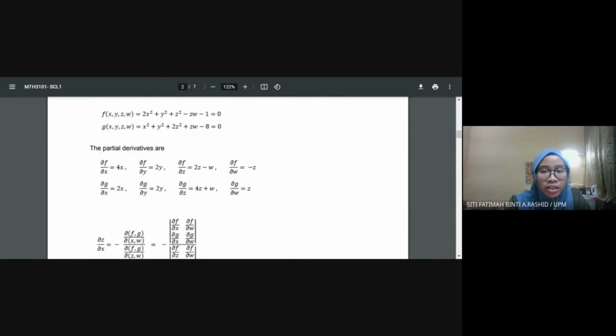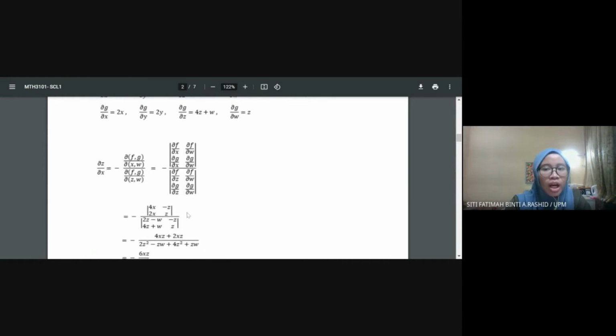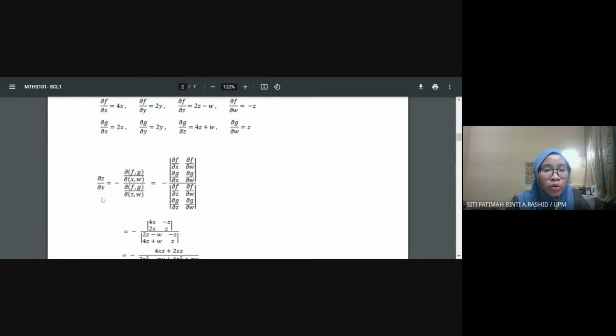We find the partial derivatives of the functions f and g with respect to x, y, z, w, and we got the equations below. Step 3. When we get all the expressions required to find the Jacobian of f, g with respect to x, w and the Jacobian of f, g with respect to z, w, the values are given as below.